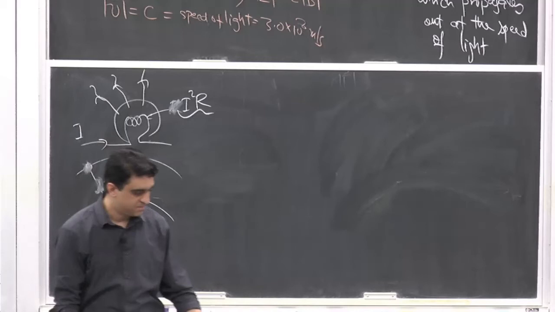Okay? So what should be the direction of this electric field I expect? Your radiative electric field should be along which axis? What do you think?